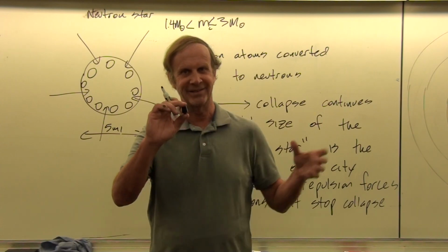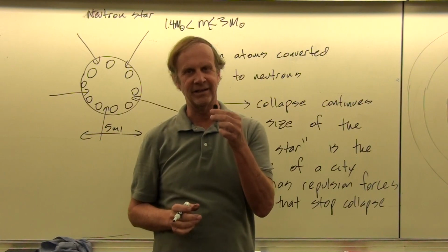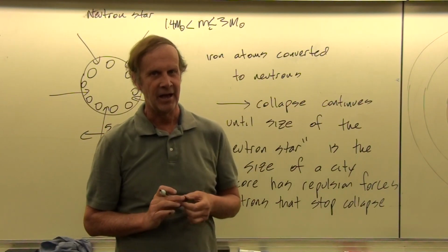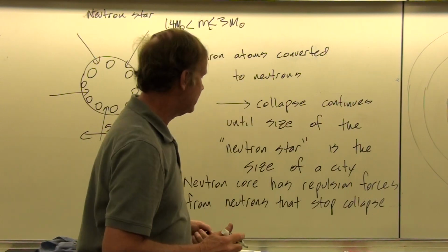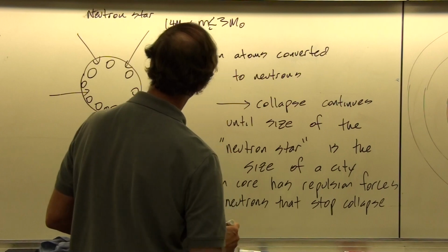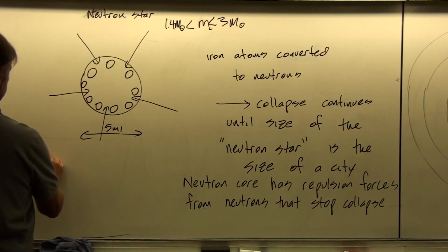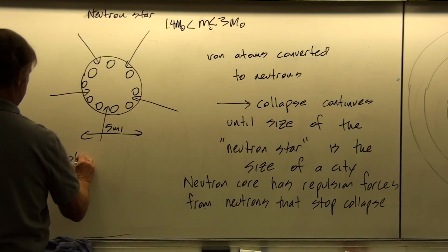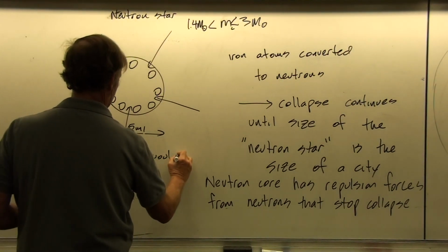And so just imagine then taking the whole Empire State Building and smashing it down to something that has this kind of physical extent. And so you're talking then about something like a tablespoon of this stuff would weigh 100 million tons. On the Earth.